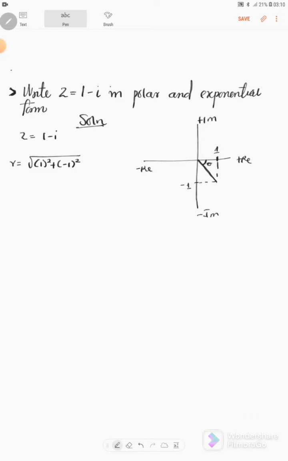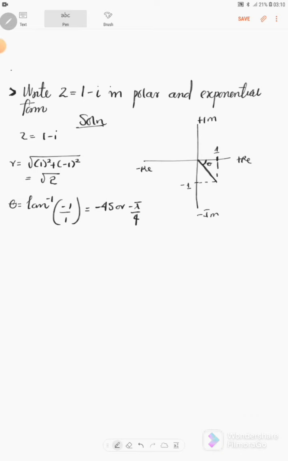That's why the bracket is essential and important. This gives us root 2. Let's find our theta. Theta equals tan inverse of b over a. That's minus 1 over 1, giving us minus 45 or minus pi over 4.